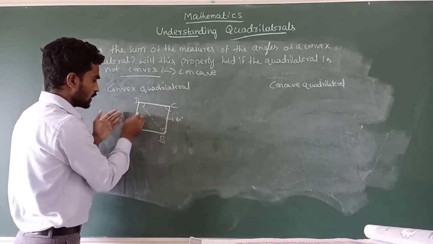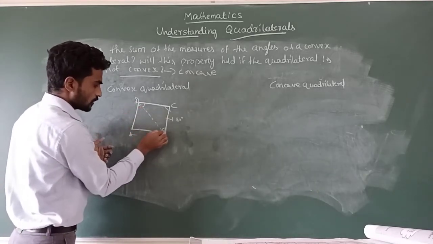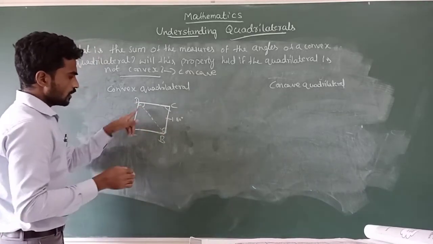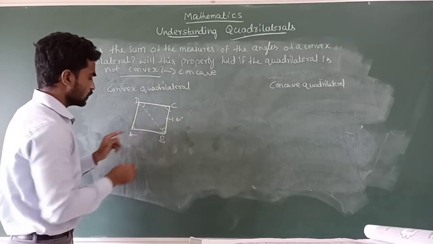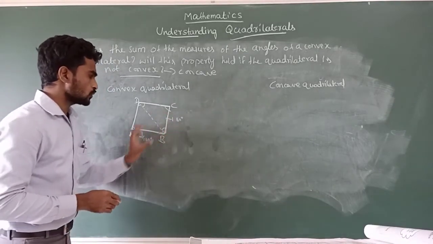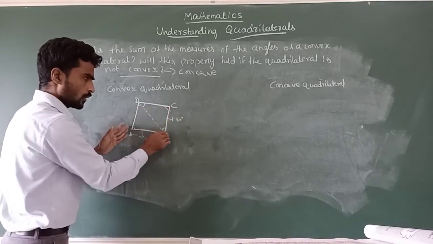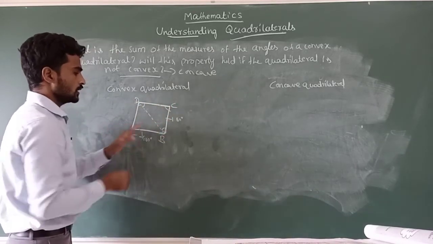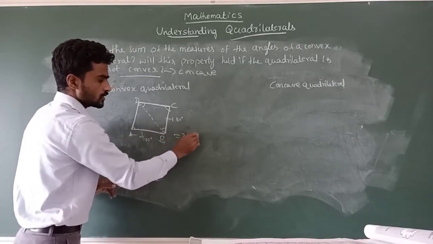DBC is one triangle, and DAB is another triangle. The sum of interior angles of triangle BAD is equal to 180 degrees. Then we add these two sums, and we get the sum of interior angles of convex quadrilateral ABCD, that is 180 plus 180, equal to 360 degrees.